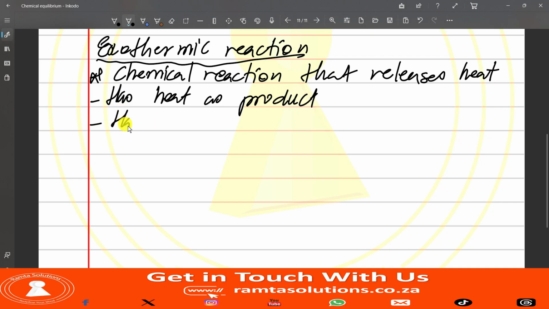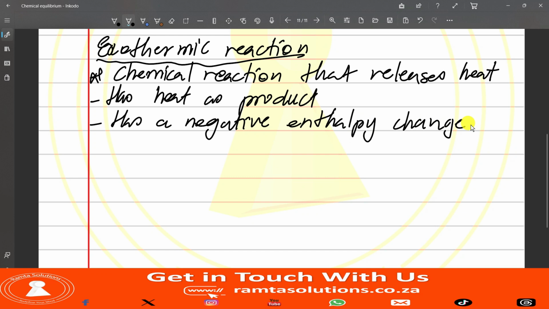It has a negative change in enthalpy, or a negative enthalpy change. By that I mean delta H is less than 0.